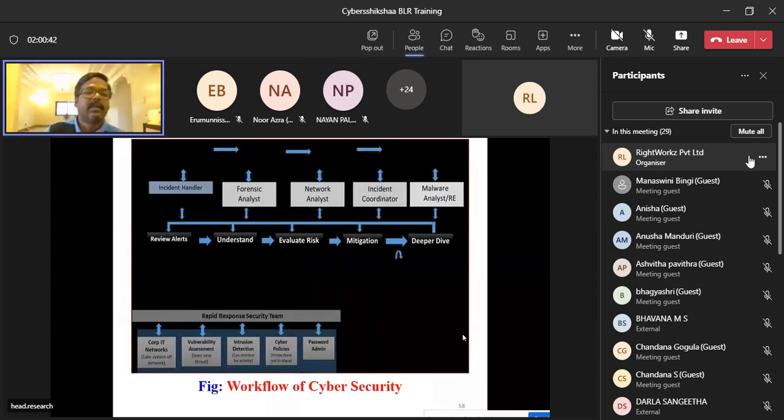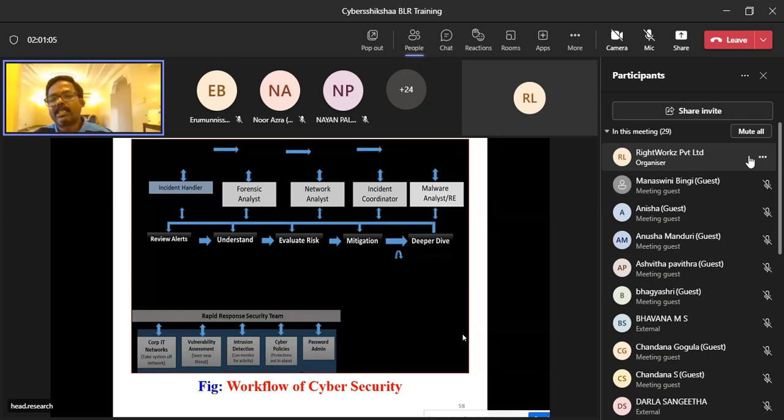If you see, first step is the incident handler using review alerts. Then understanding forensic analyst. The network analyst is analyzing evaluation of risks, attacks, cyber malicious, etc. Incident coordinator is doing mitigation on the cyber attacks.